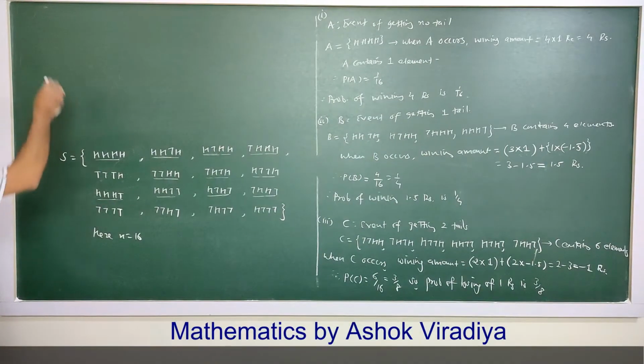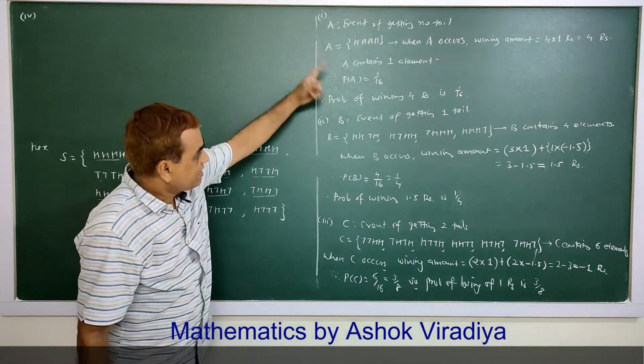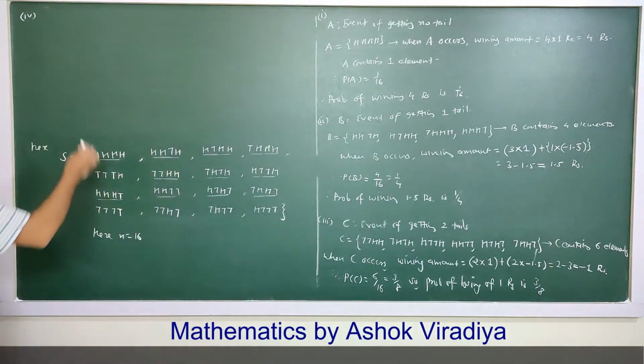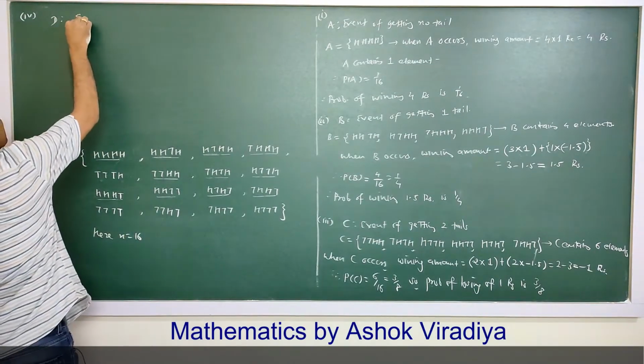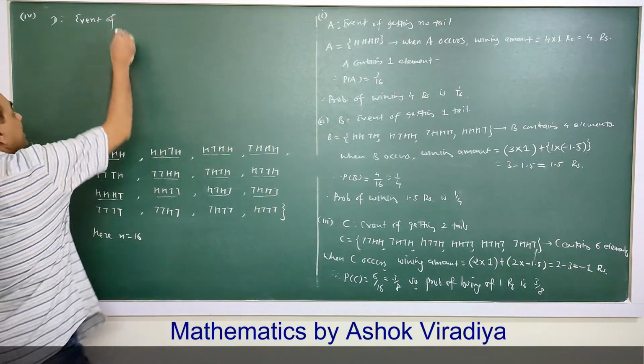Now fourth case. Here no tail, then 1 tail, then 2 tail. Now I am taking 3 tail. D is the event of getting 3 tail.